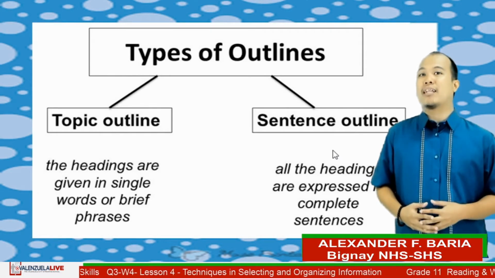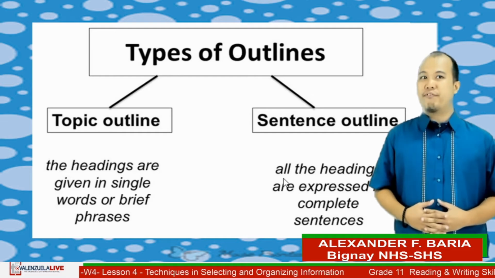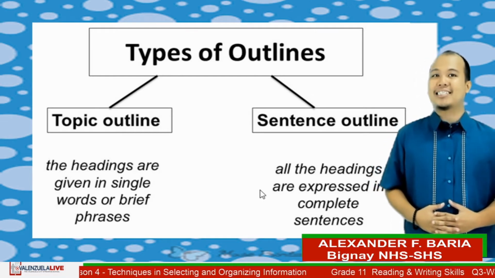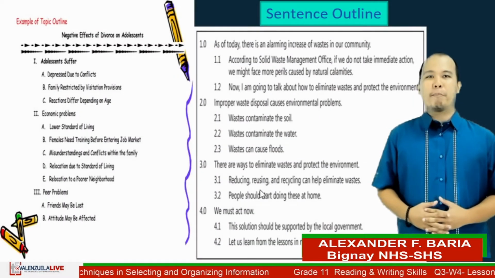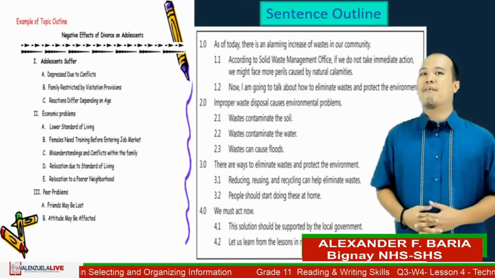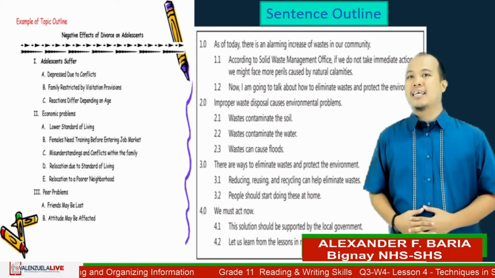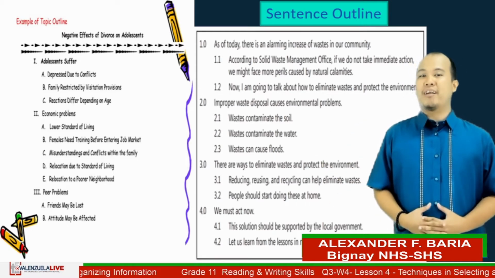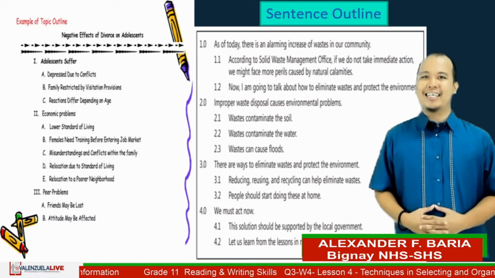A topic outline shows the headings in single words or brief phrases, while the sentence outline expresses headings in complete sentences. Here are the following examples of it. As you can see with the topic outline, we have the negative effects of divorce on adolescents, and on the other side is the waste management related information, which shows sentence outlining.